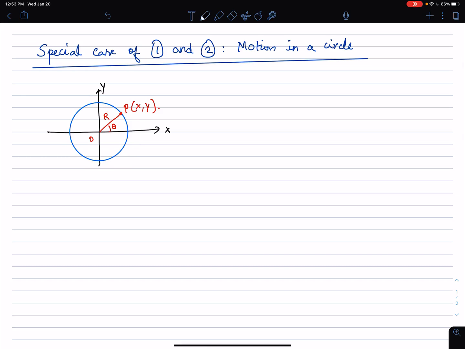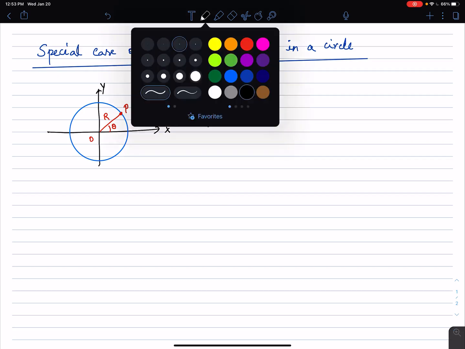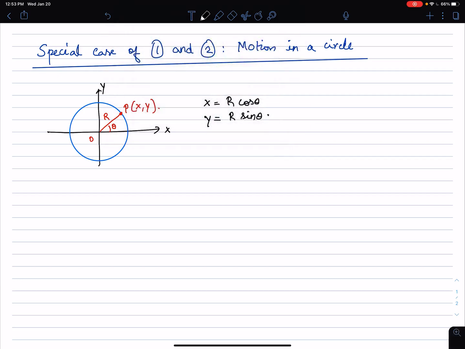First of all, of course, there's a relationship between r and theta and x and y. So what is the relationship? This is classic trigonometry. X is going to be r cosine theta, and y is going to be r sine theta, right? Of course, r is called radius.